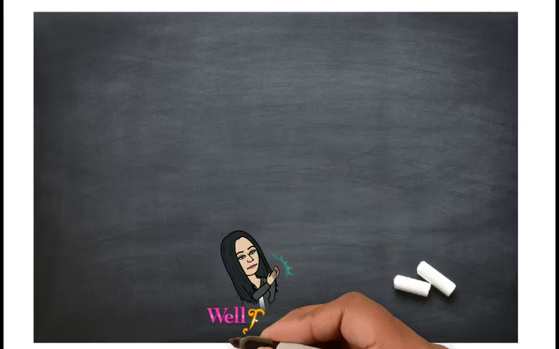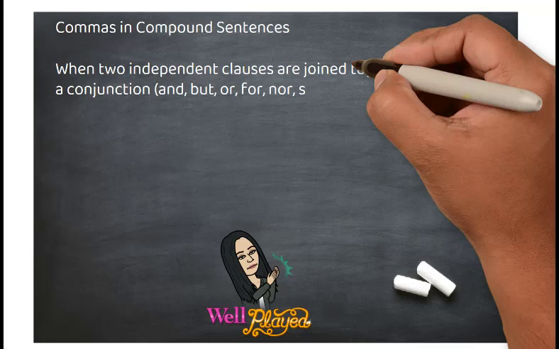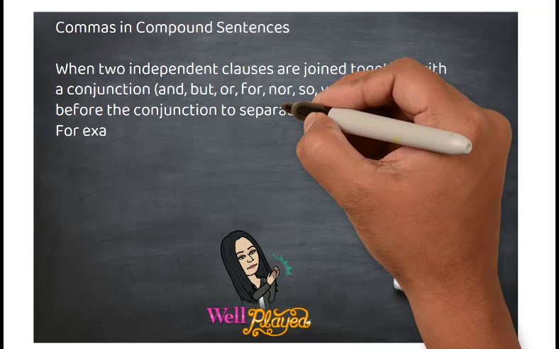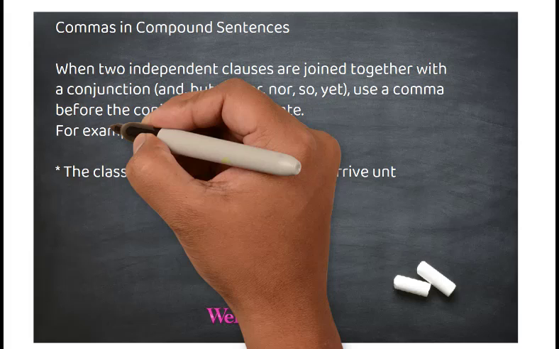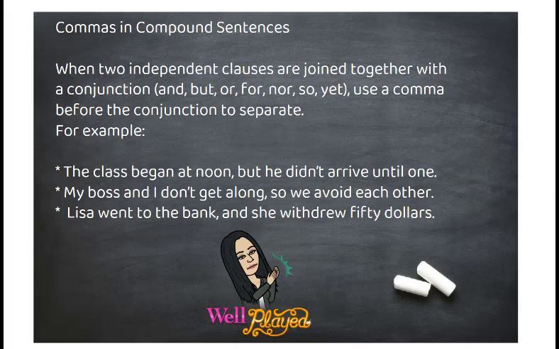Moving on to the next one, we have commas that are used in a compound sentence. Earlier in the semester, I put out a video about combining sentences or clauses. In this instance, we are only going to focus on and, but, or, for, nor, yet, the FANBOYS conjunctions, and we know that we can combine sentences with them.